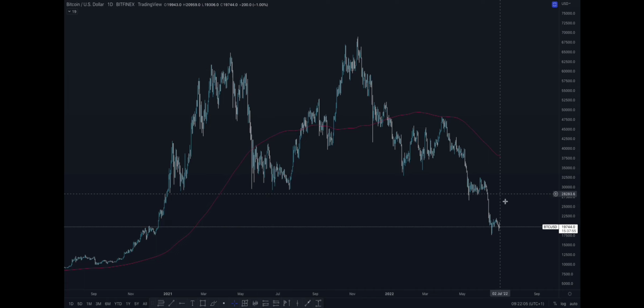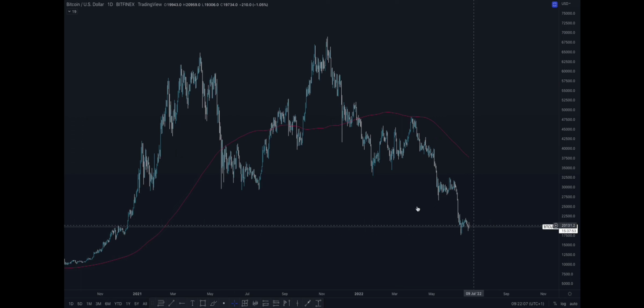Price can go down and down and down and just stay down for a long time. Price cannot stay up for a very long time because the longer it stays up, the more people are in profit, and the longer it goes up without really making a big move, the more likely it is people will start taking profits. Once they start taking profits, it creates a chain reaction and a downward spiral. Okay, I hope that makes sense.